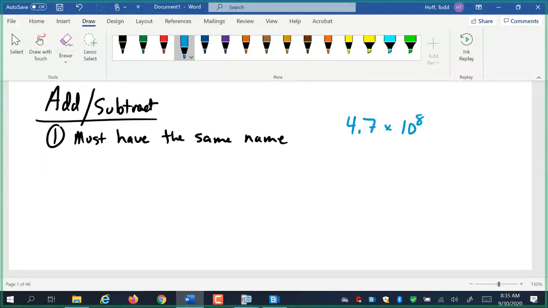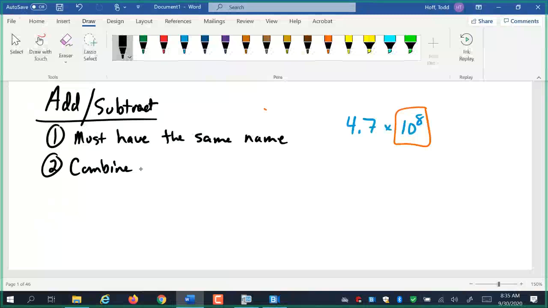If I have something like 4.7 times 10 to the 8th, the part of this that implies a place value is the 10 to the 8th. So when we are adding or subtracting numbers in scientific notation, they must have the same power of 10. Then, just like any other number, we combine the counts. Then we keep the same name.